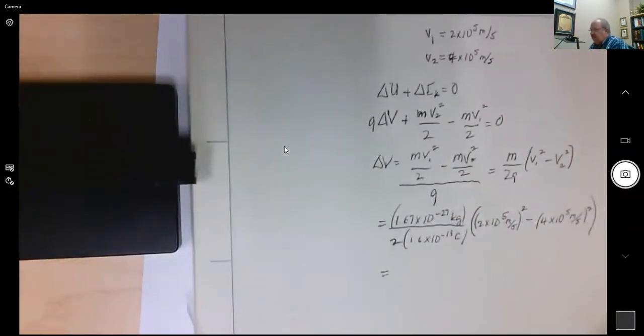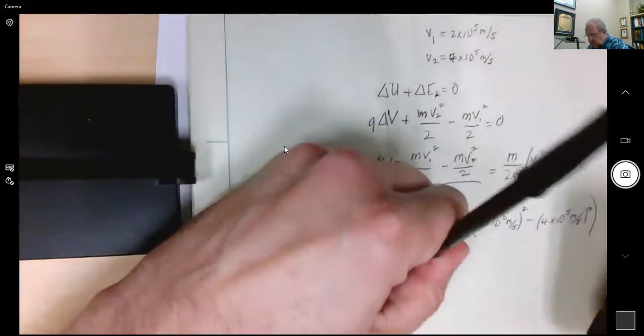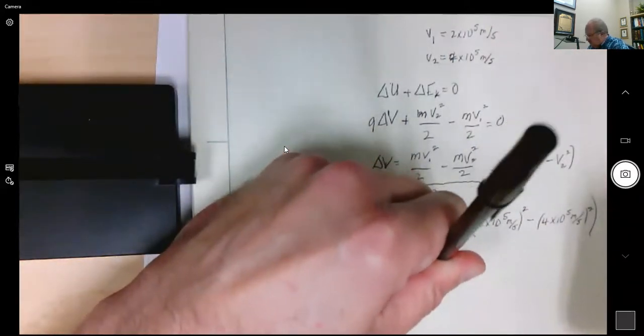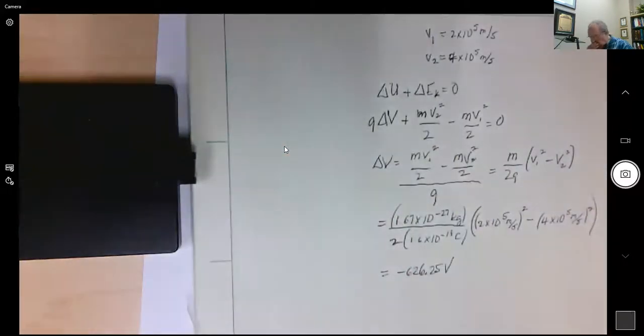Okay, so I plug this into my calculator. And the voltage drop that I get is negative 626.25 volts. Okay.